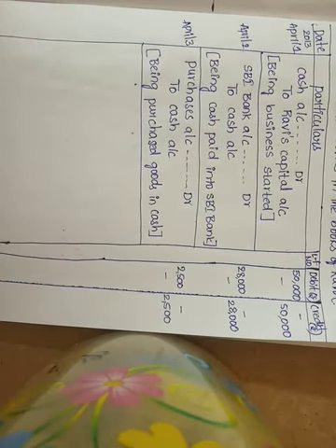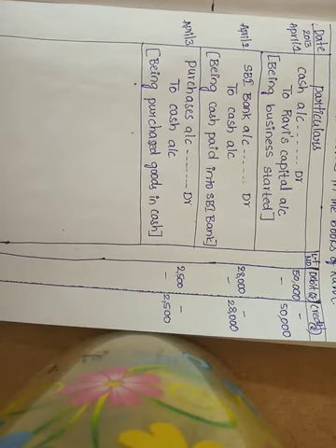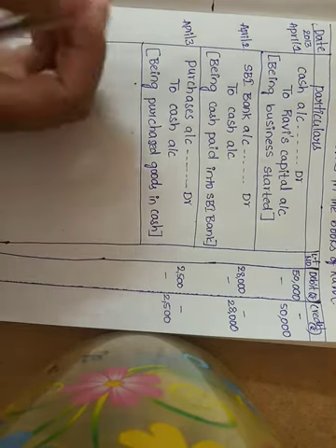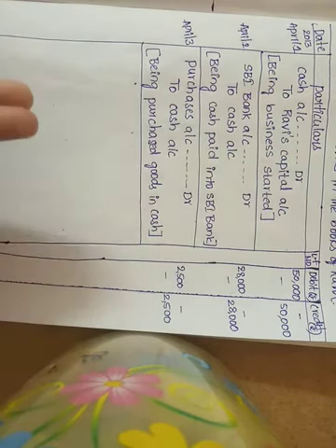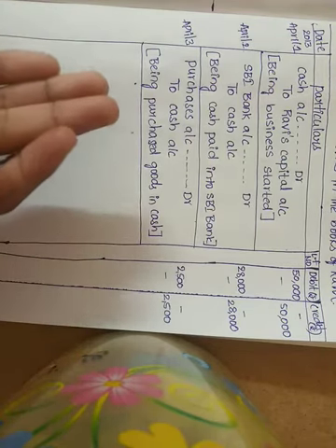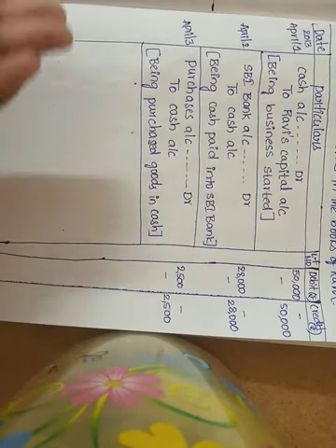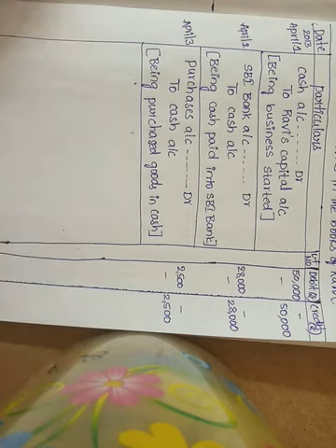Next is April 4th, drew cash from bank for office use. Cash is withdrawn, so cash is coming into the business from the bank, and in the bank column the amount will decrease. Bank is a personal account, and the personal account rule is debit the receiver, credit the giver.